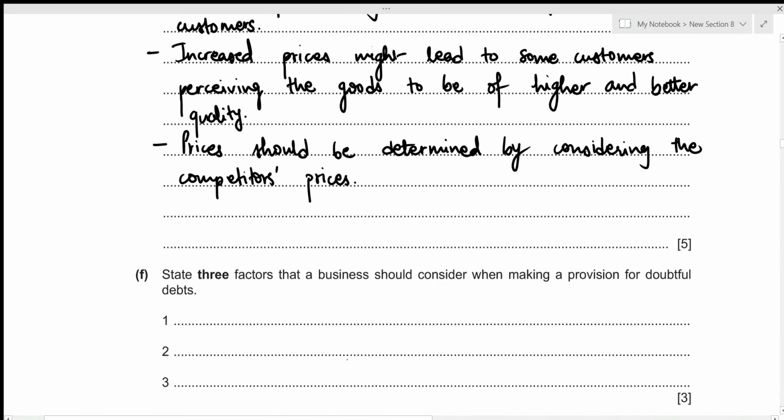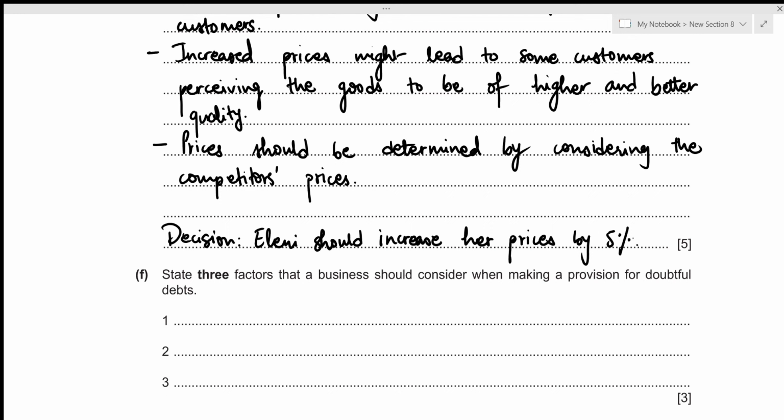So let's write it down. Eleni should increase her prices by 5%. This concludes the fifth part. Let's move to the sixth one.